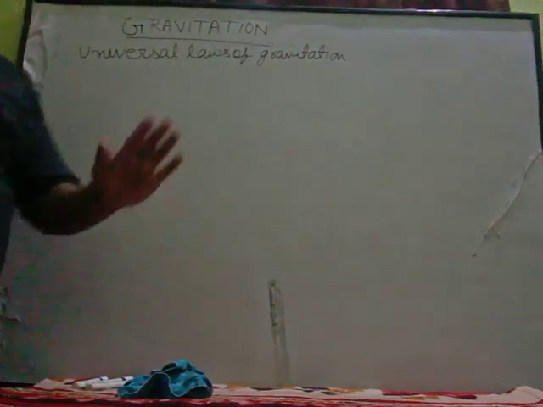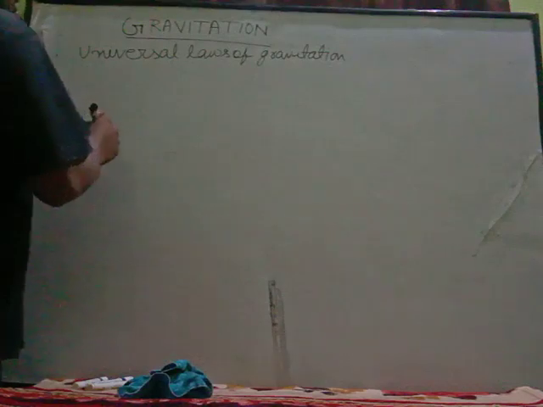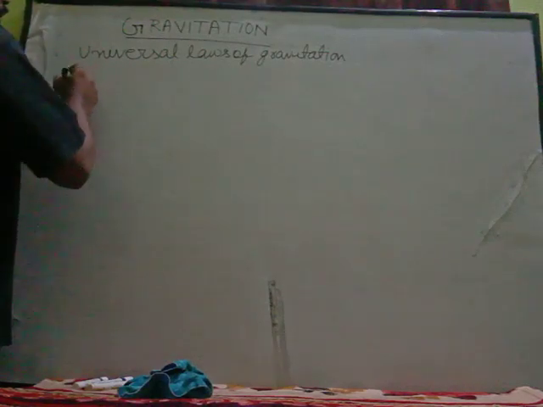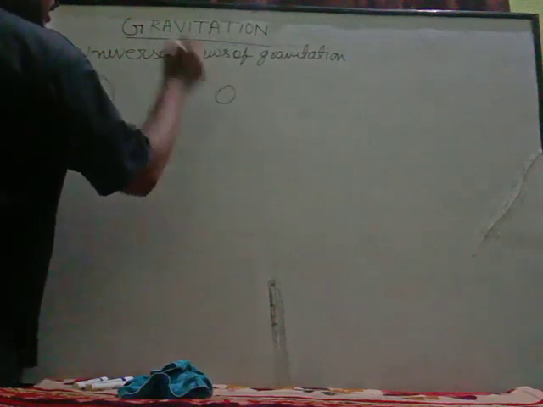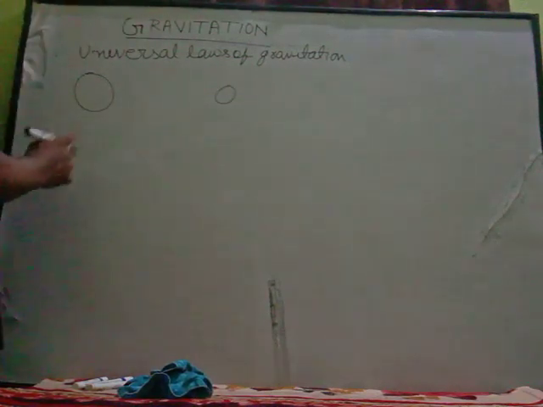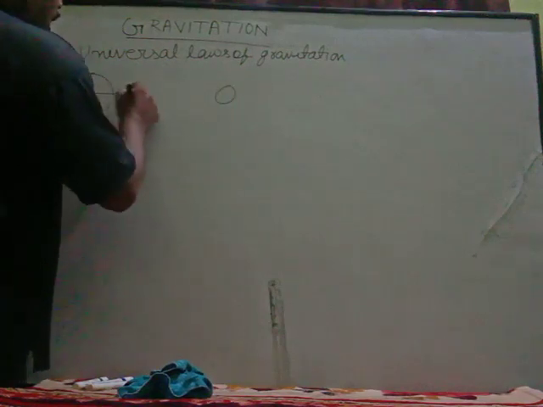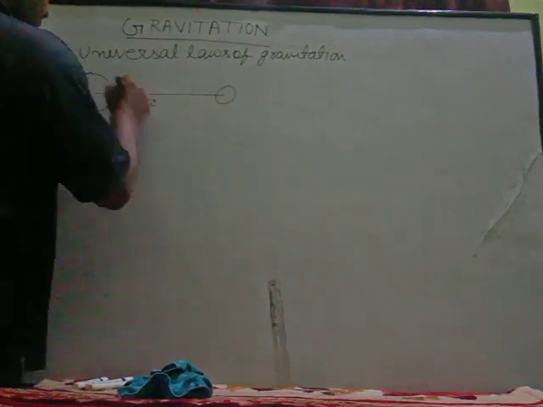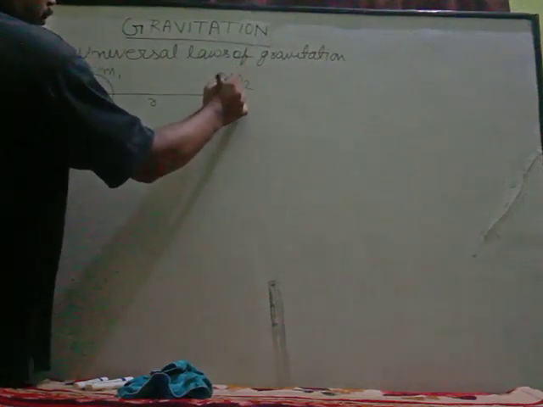See, there are two laws related to this. What are these laws? Suppose we have two objects in this universe anywhere, kept at a distance of r. Masses are m1 and m2.